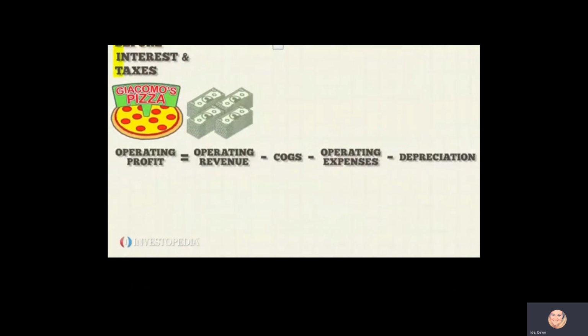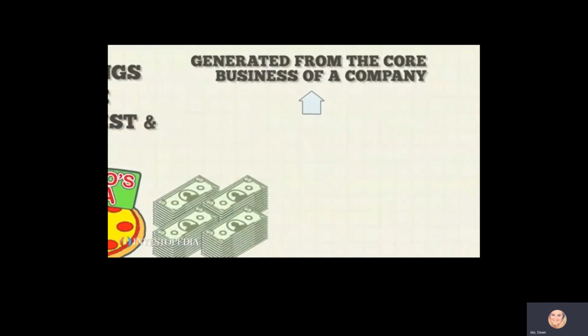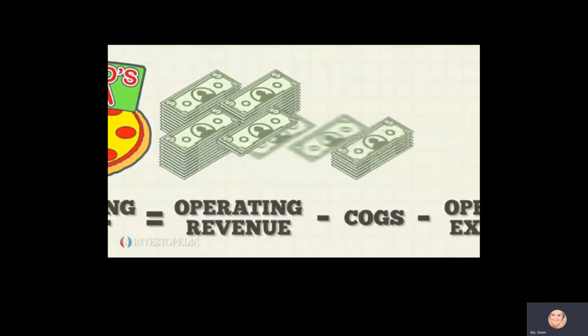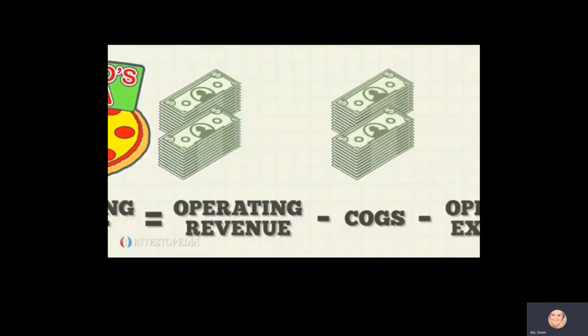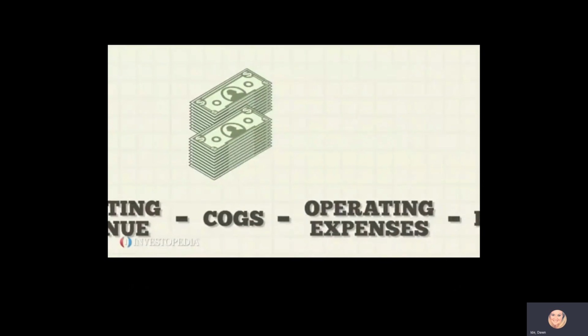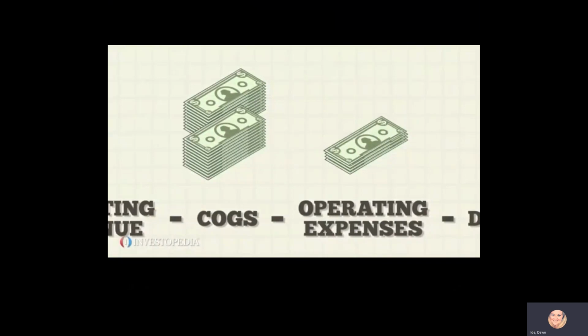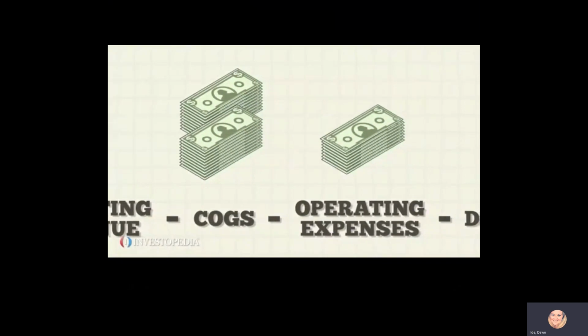Here, operating revenue is the income from the company's core business operations. COGS is the cost incurred in manufacturing and selling the company's products. Operating expenses include expenses related to sales, marketing, R&D, administration, restructuring, etc.